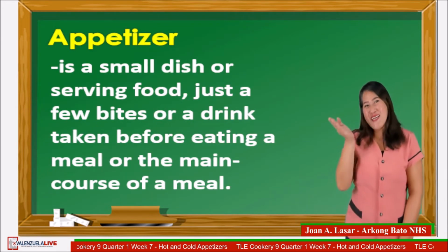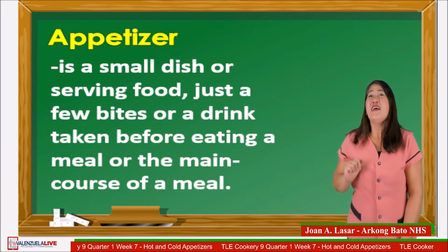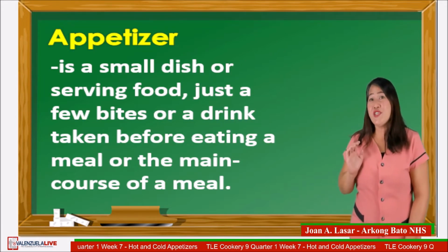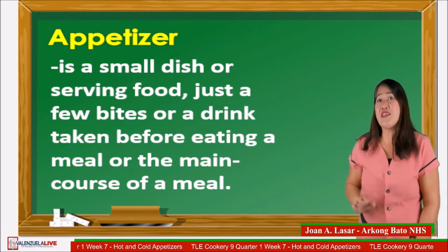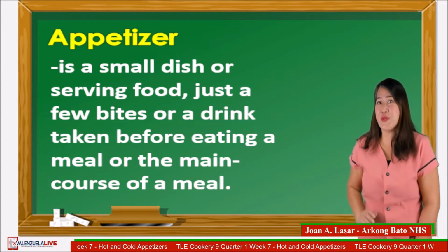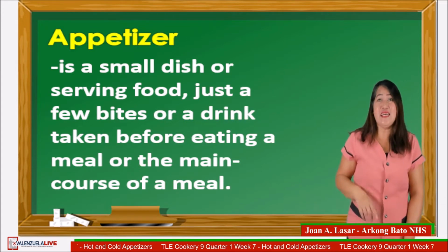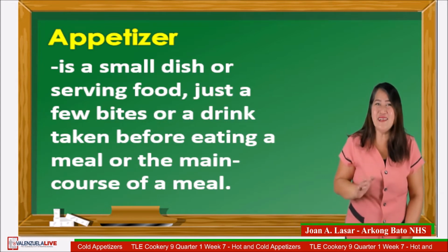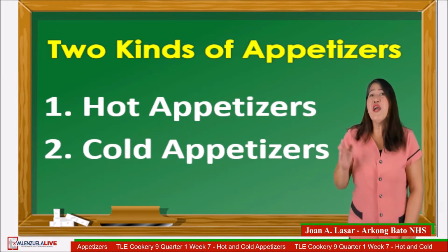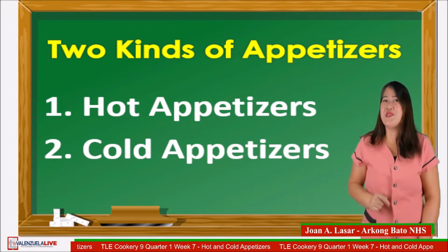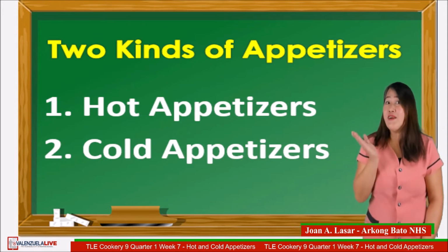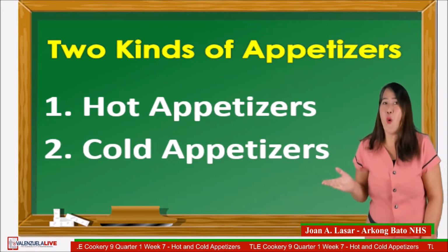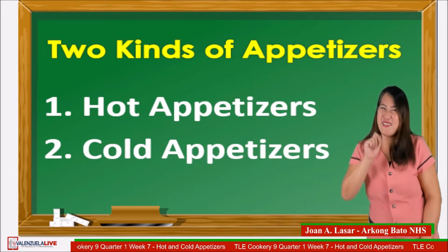Let's go to appetizers. Appetizer is a small dish or serving of food, just a few bites or a drink taken before eating a meal or the main course of a meal. We have 2 kinds of appetizers: hot appetizers and cold appetizers.